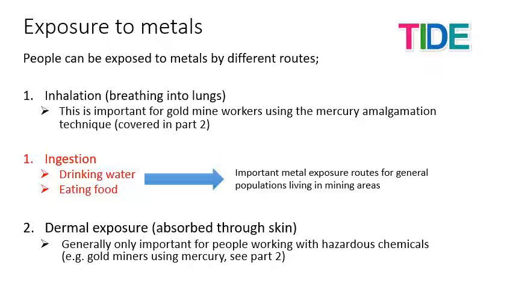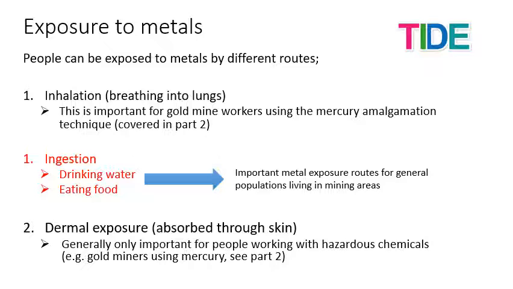And so inhalation and dermal exposure are generally only important for specific professions and very specific circumstances where people are working with hazardous chemicals. And in part 2, we'll discuss an example of this related to the use of mercury in artisanal gold mining operations, a particular issue for Myanmar.